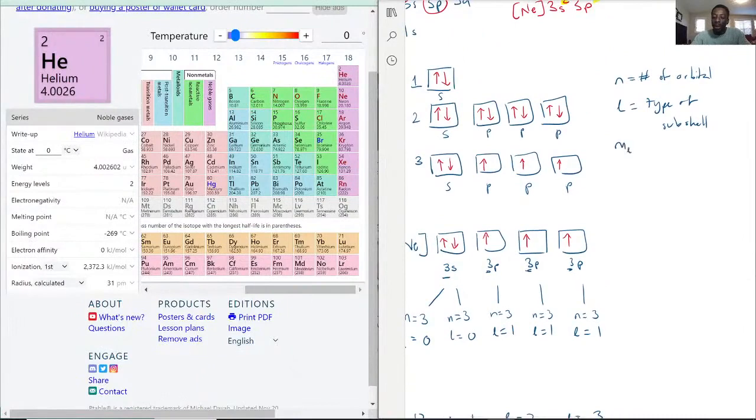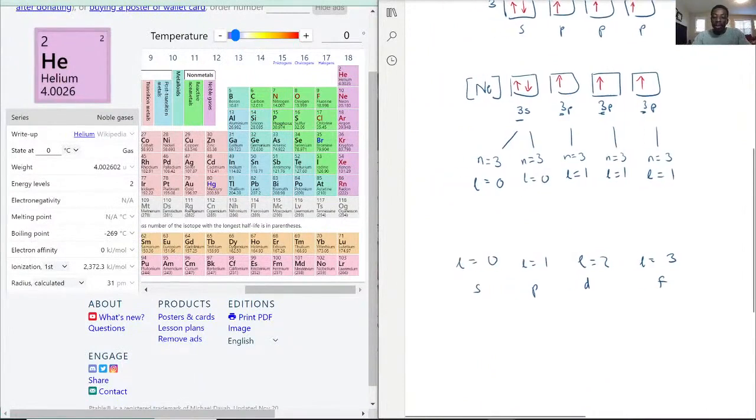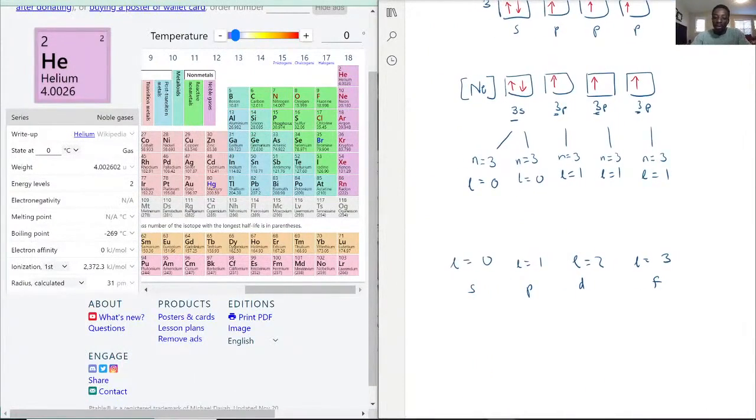Now ML is the possible combinations. Instead of that being abstract, it's going to be positive and negative of L. In this case, because L is 0, ML is also going to be 0, because positive and negative of 0 is just 0.